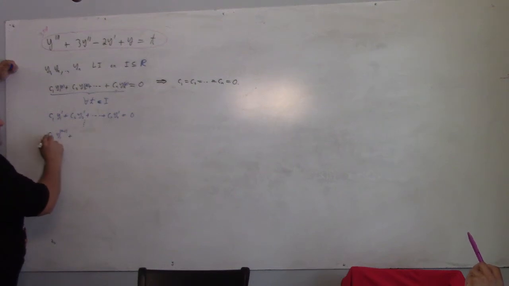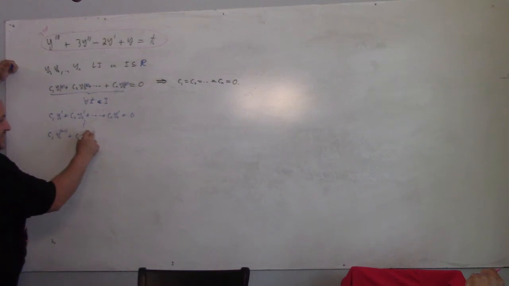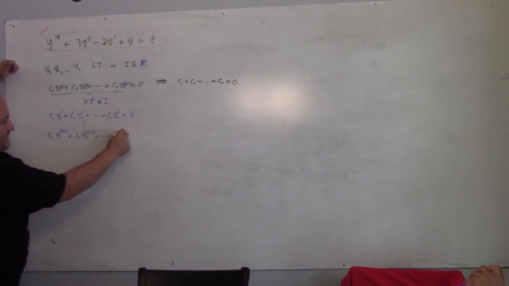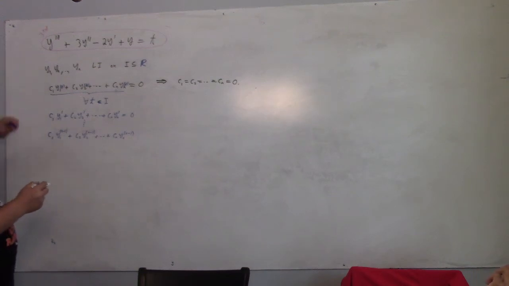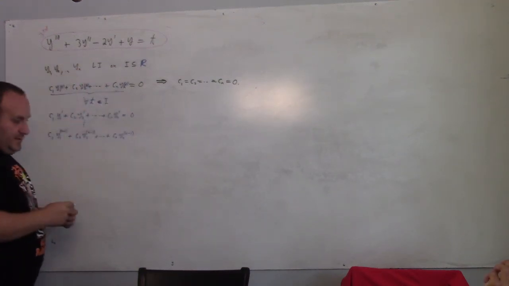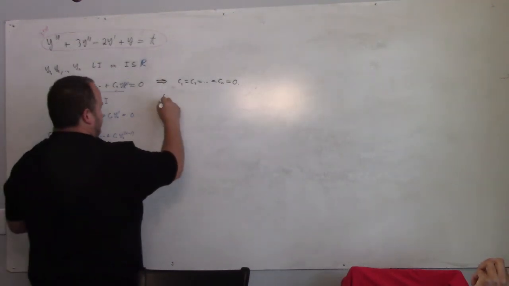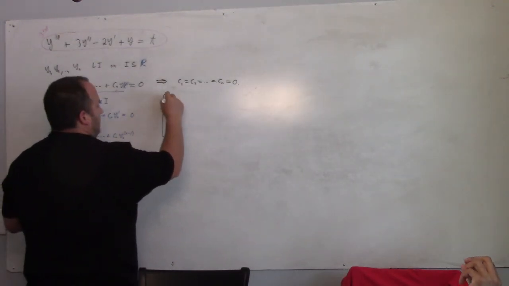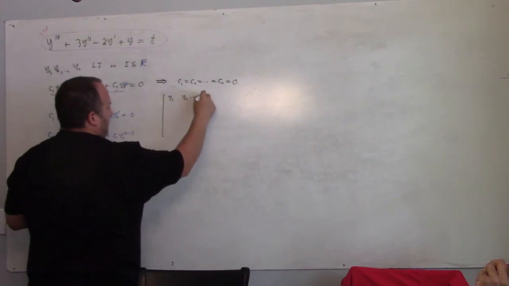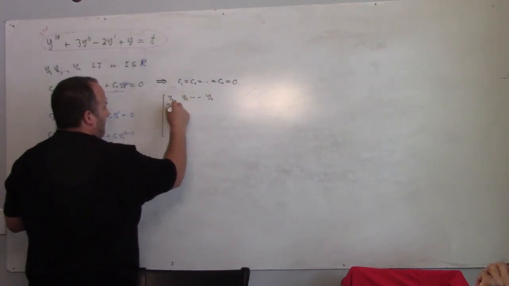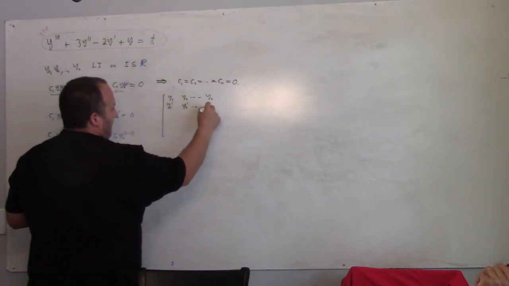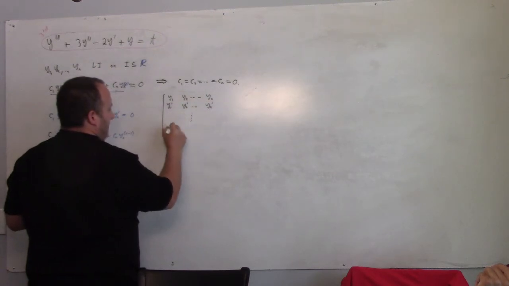You could keep going past that, nothing's stopping you, but I'm just going to do it n minus 1 times. The reason is that at that point, I can rewrite all of this as a matrix. The first row being y1 through yn, the second row their derivatives, and so forth. An n by n matrix.